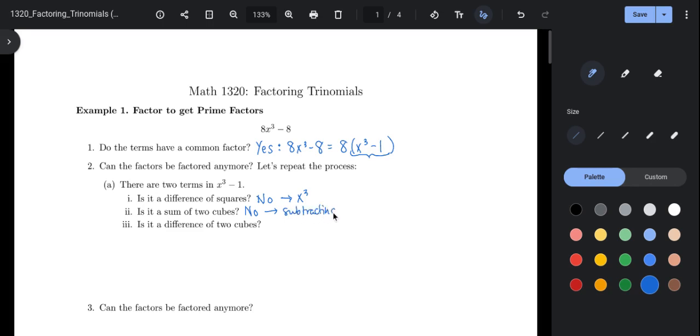So then our last question that we can consider here is, is it a difference of two cubes? And in this case, it actually is. And so I'll show you how we can rewrite this in terms of something cubed. So we have that 8 out front, that greatest common factor we had taken out. And then we have our x cubed and minus 1.